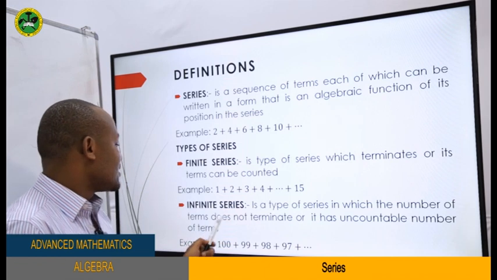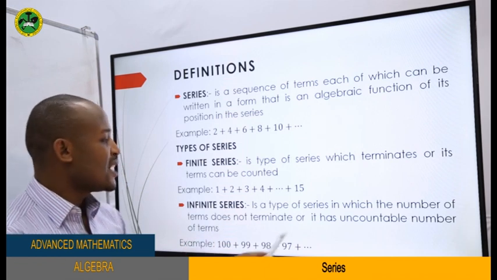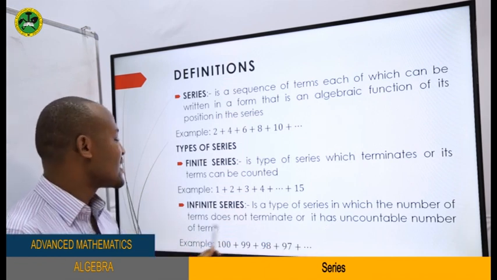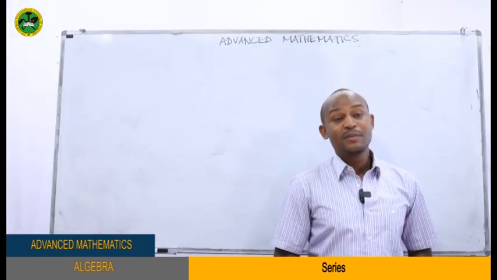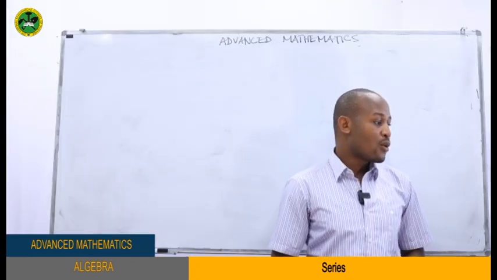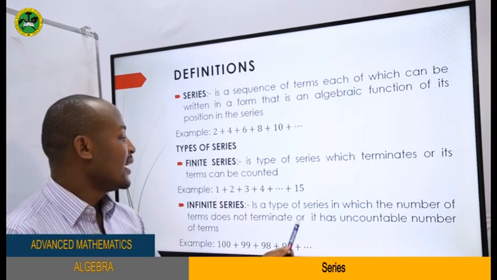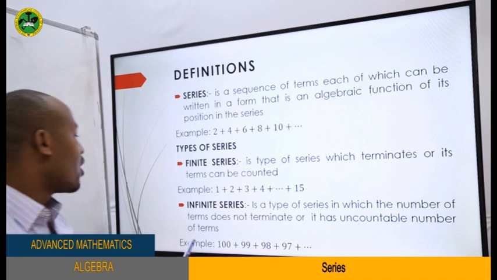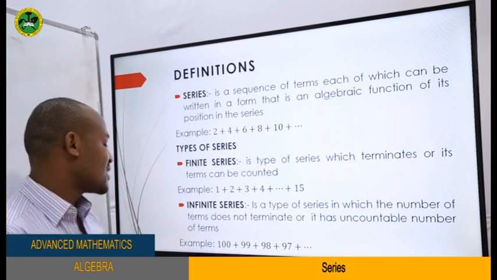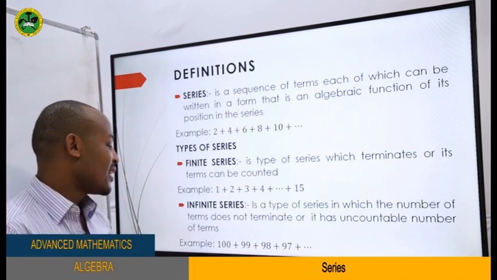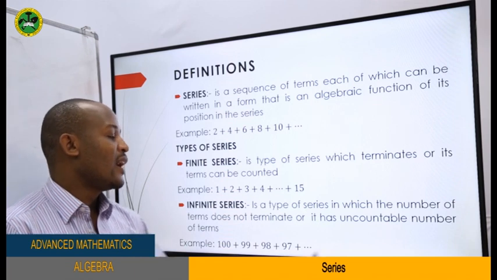Again, we have the infinite series. It's a type of series in which the number of terms does not terminate. That means you cannot count the number of terms. The number of terms is unknown, that is to say, it has an uncountable number of terms. For example, we have a series that starts with 100, then 99, then 98, then 97, and so forth.